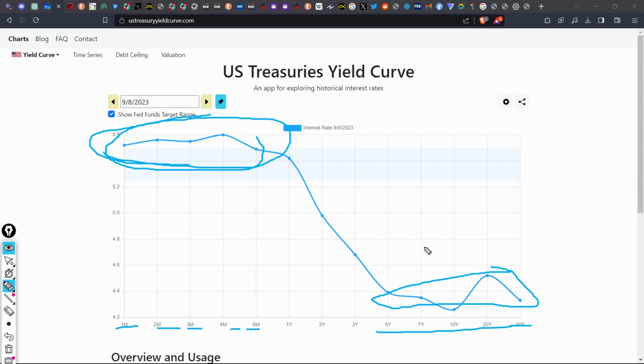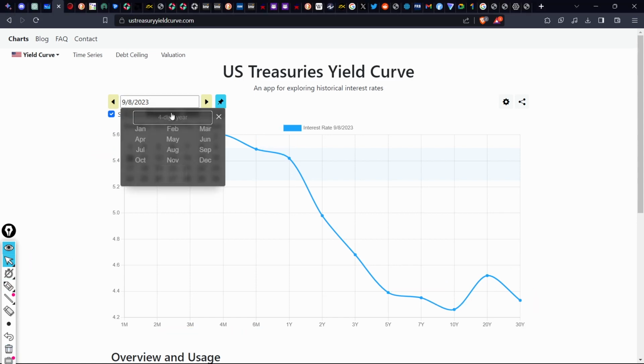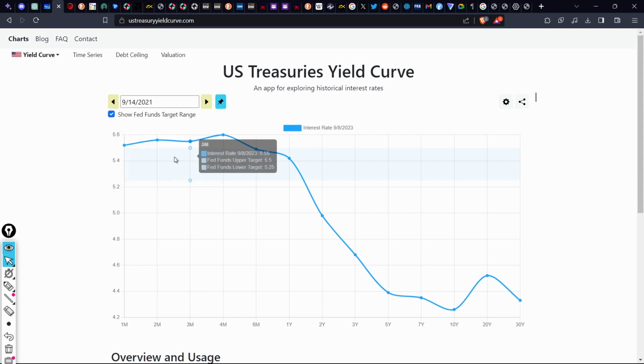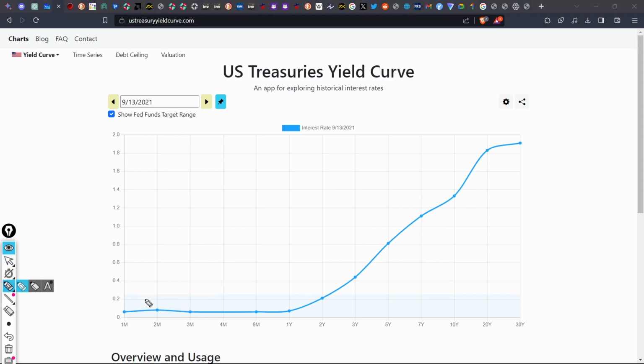The normal yield curve is, in fact, let me show you what a normal yield curve looks like. We just have to go to a different date here. Let's say September 2 years ago, September 15th, 2021. Here we are. As you can see, 2 years ago, the yield curve was normal.